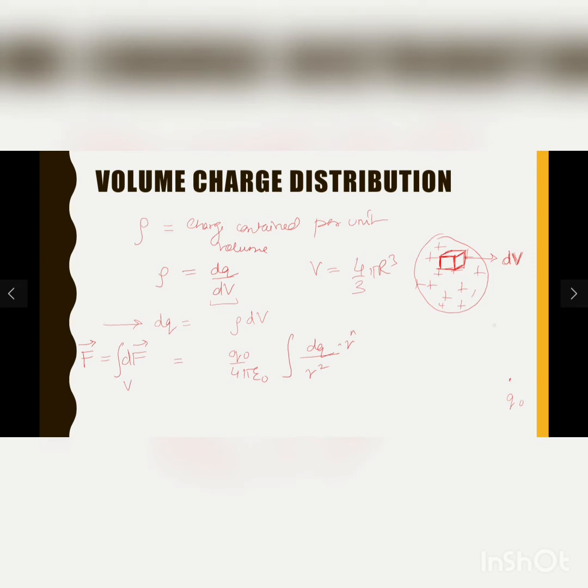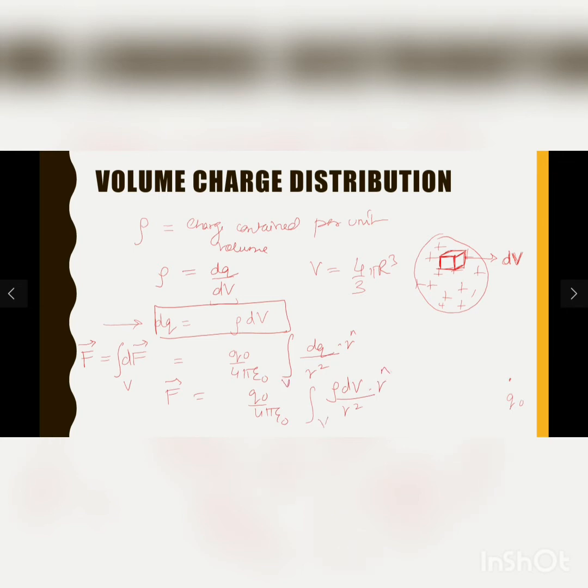Now in this expression, I will put the value of dq as rho dV. That gives me the force as the integral of rho dV by r square into r hat, integrated over the whole volume.